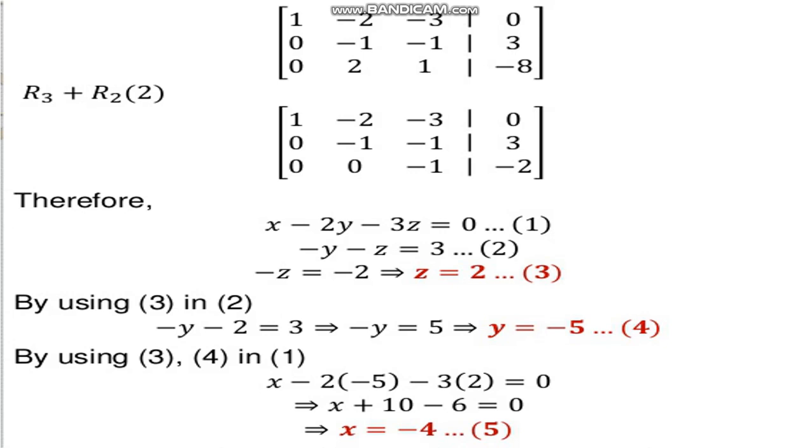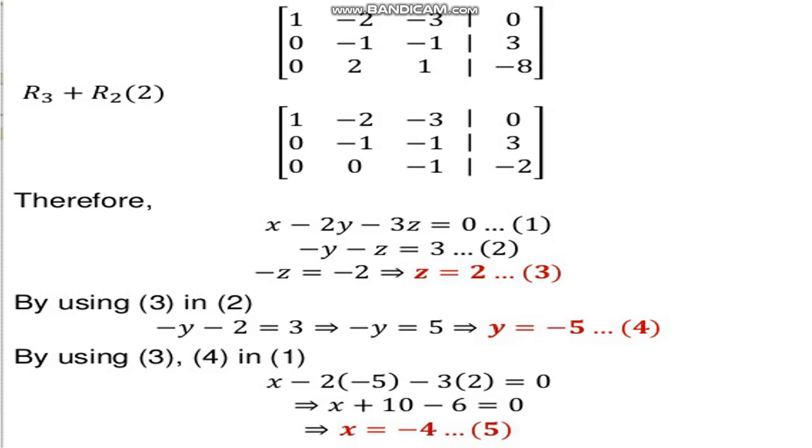We add row 2 multiplied by 2 to row 3. We get a new matrix 1, -2, -3, 0, 0, -1, -1, 3, 0, 0, -1, -2. Here, we finally get the upper triangle matrix, and the lower triangle is 0, 0.